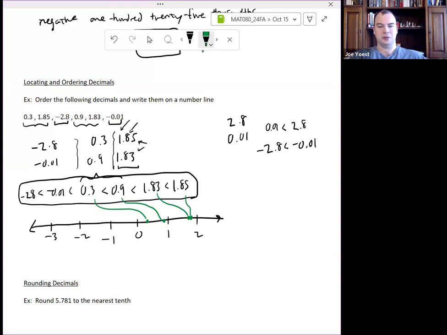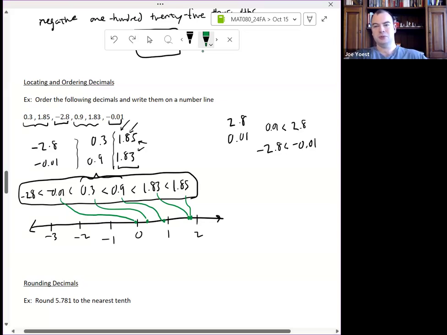Negative 0.01, negative 1/100th, that's like really close to 0, just slightly on the left side of 0. And negative 2.8, that's between -2 and -3. Be a little careful. It's not like -2 plus 0.8.